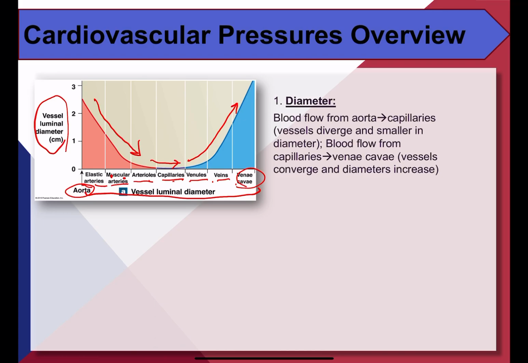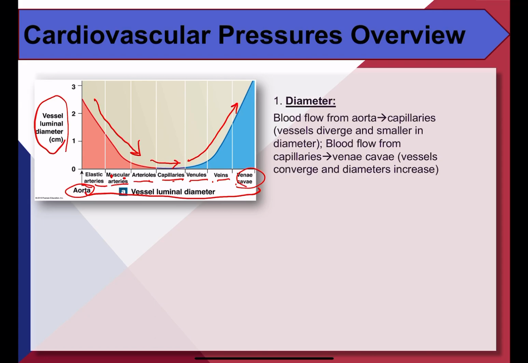So if you don't remember the values on the exam, which one has a bigger diameter, which one has the smallest, think about these graphs. That's what I always tell my students. The graphs help you visualize, put it into pictorial format, the relationship between these different categories of blood vessels in terms of diameter values, pressure values, surface area values, etc.